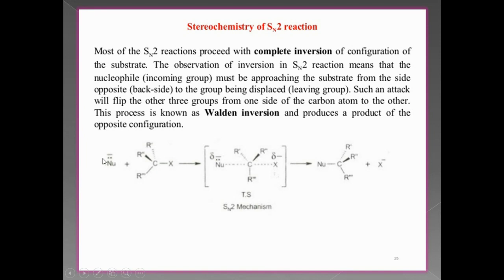Now if the nucleophile attacks from the alkyl group side, it has to face a lot of steric hindrance from these alkyl groups, so it is better for the nucleophile to come from this side, by which X is easily removed and the nucleophile attacks here.